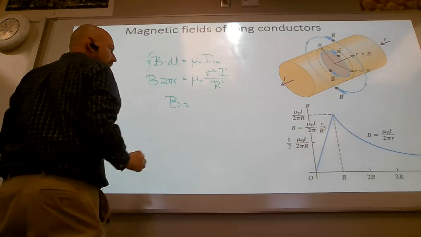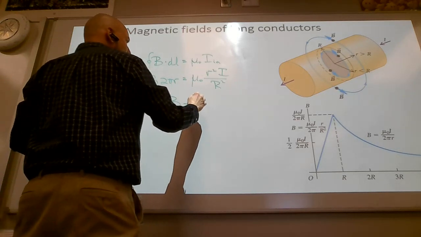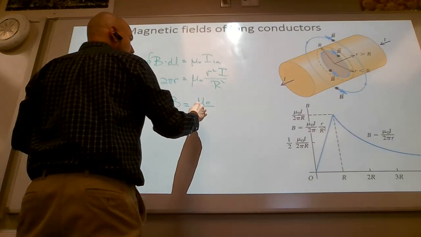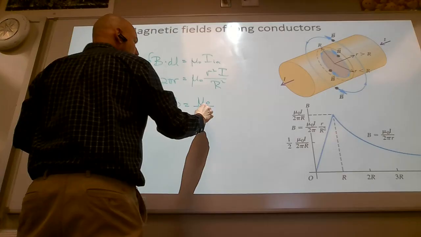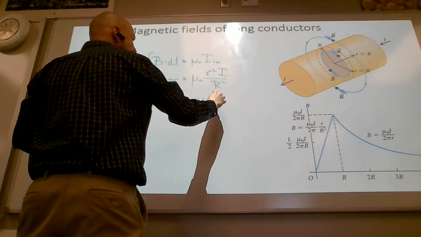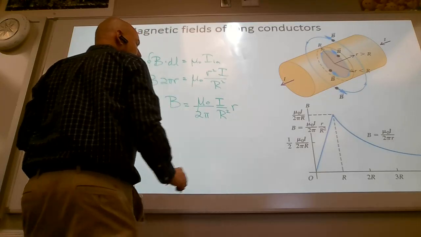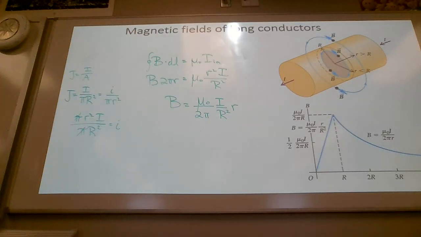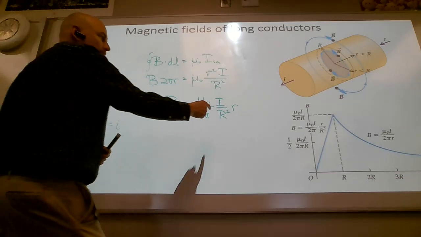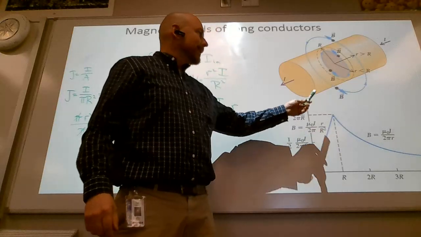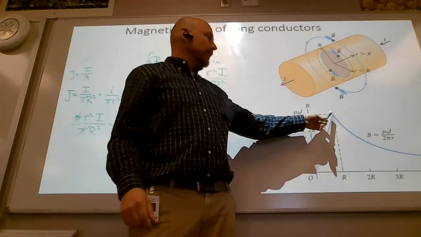So our magnetic field is going to be mu naught over 2 pi, I over R squared, little r. And so we see it is varying linearly as you go from the center to the edge.